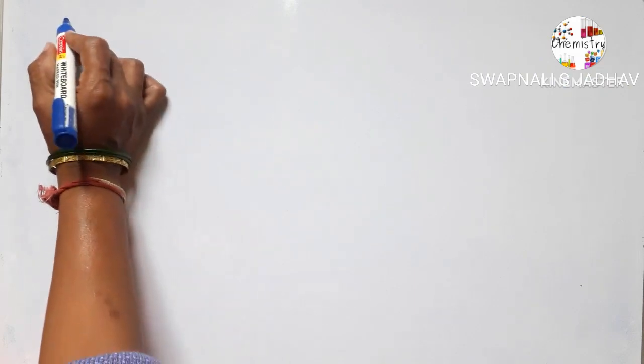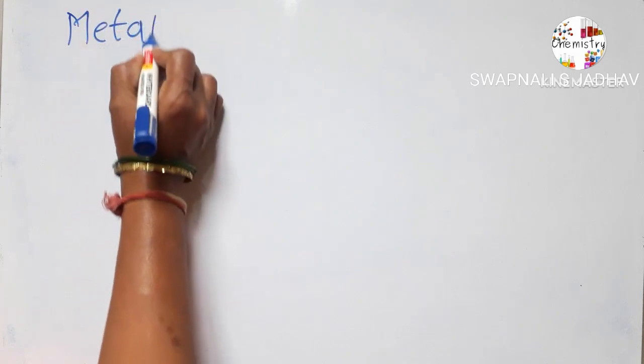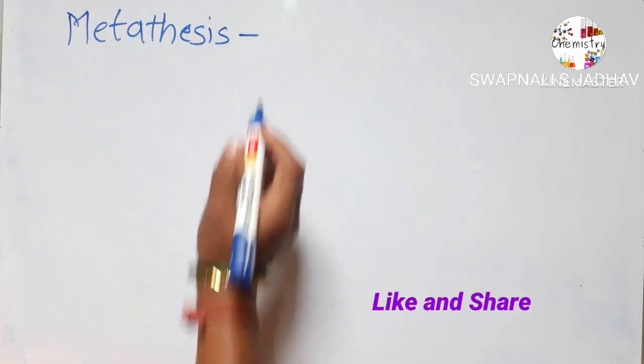Now we see the second method for preparation of alkyl and aryl derivatives of beryllium. The second method is metathesis. What happens in metathesis?